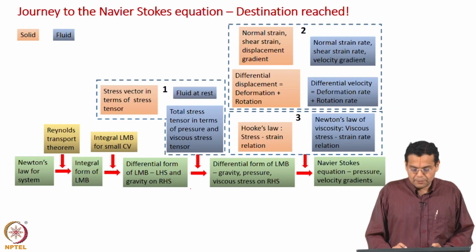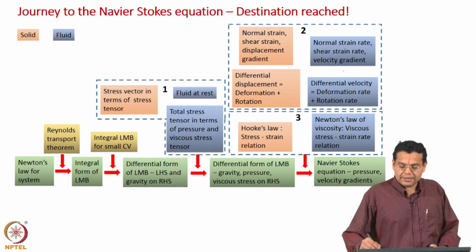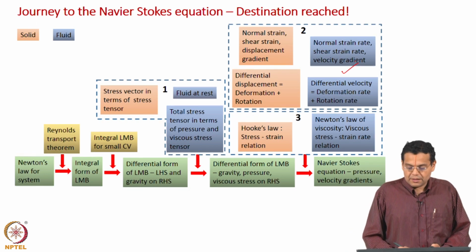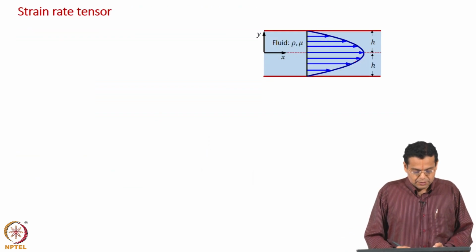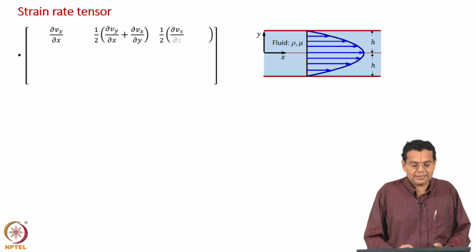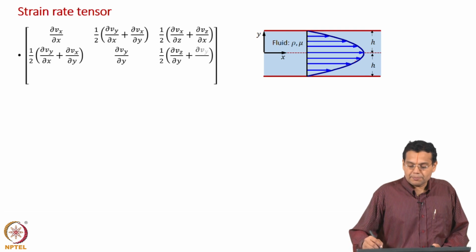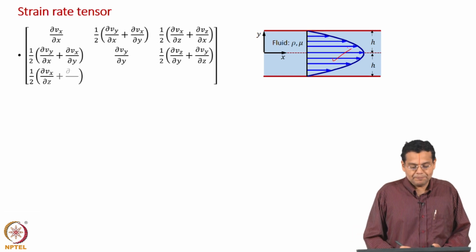Now later we discussed strain rate, and so now we are in a position to evaluate the strain rate. There again, in fact, we first introduced that as a strain rate tensor, but now having derived the parabolic velocity profile, we can evaluate the components of the strain rate tensor.